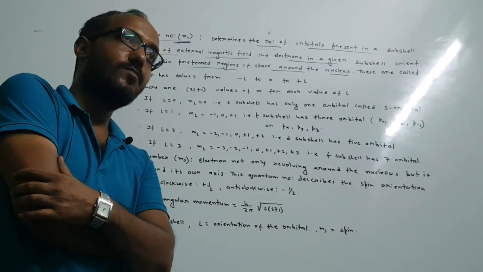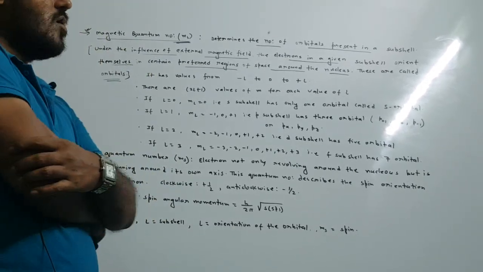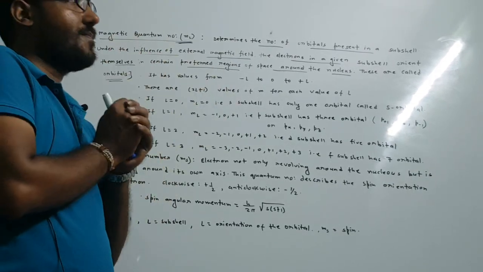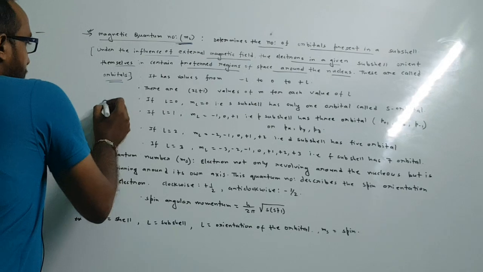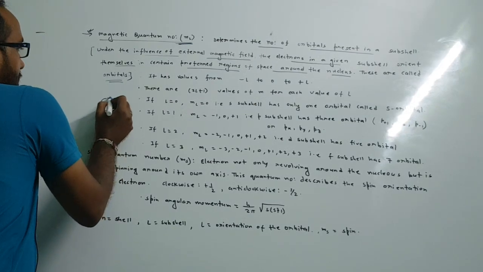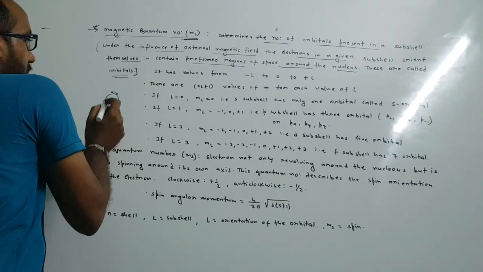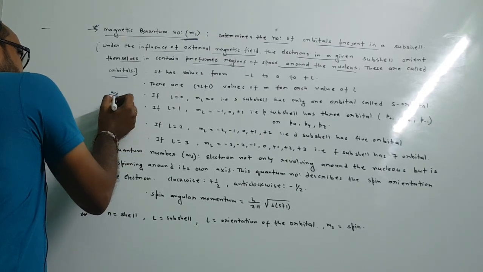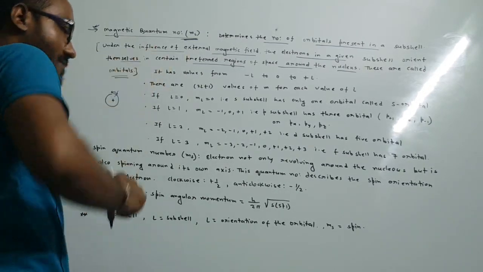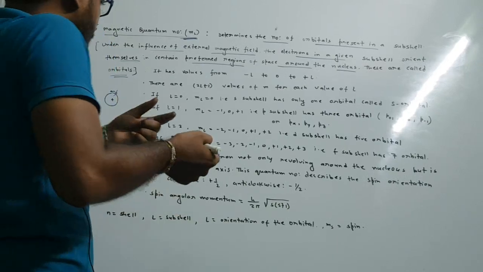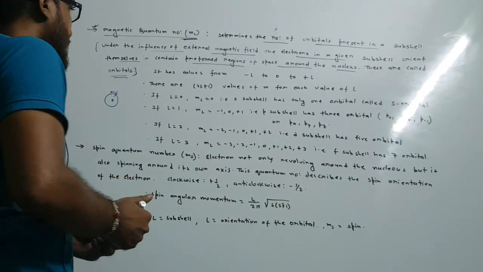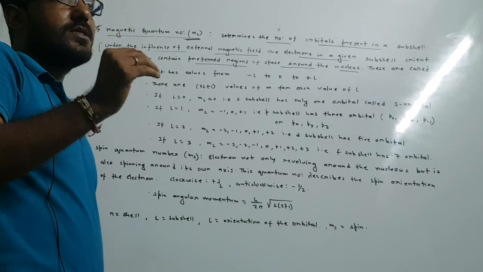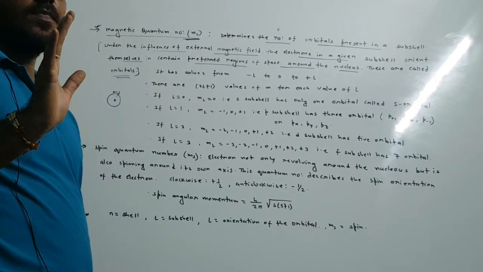If an electron moves or rotates, it will create a magnetic field around itself. Just imagine this is a proton, let us say, and the electron is revolving. The electron revolves around the nucleus and also around itself. If it moves around itself, then it will create a magnetic field which will oppose the Earth's magnetic field, right?